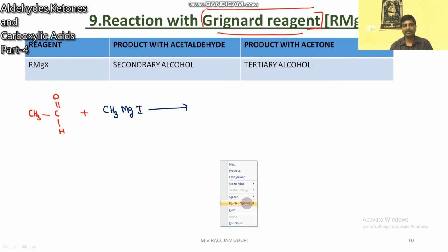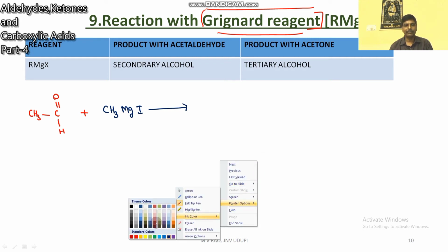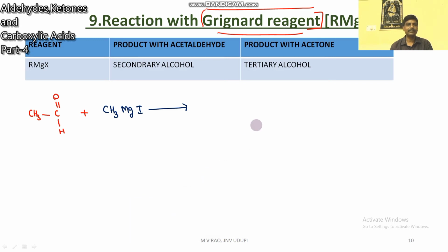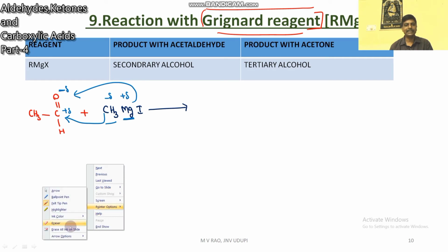Now, can you tell the charges on this? O is negative, carbon positive. Here the metal is always positive, this carbon is negative. So negative will add to positive, positive will add to negative.